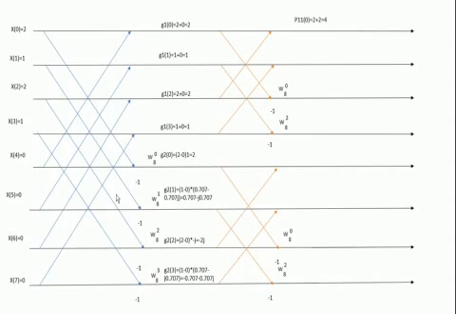P11 of 0 is given by G1 of 0 plus G1 of 2. G1 of 0 is 2, G1 of 2 is 2, 2 plus 2 is 4. P11 of 1 is given by G1 of 1 plus G1 of 3, which is again 1 plus 1, which is 2. Now, this is what is important.